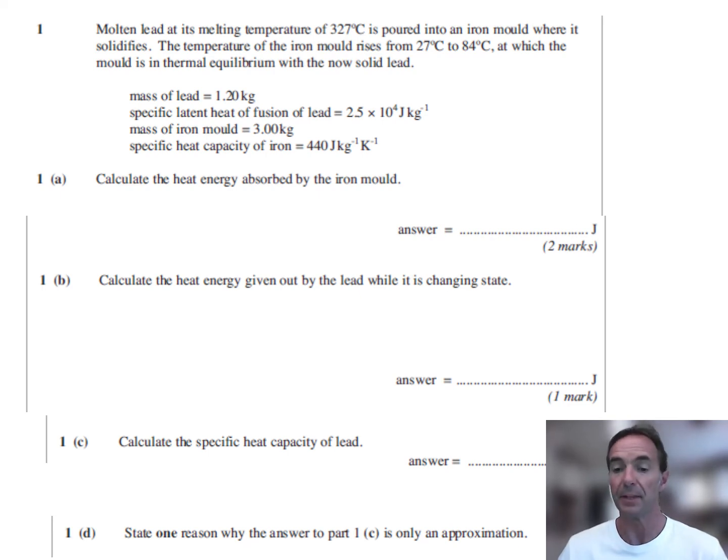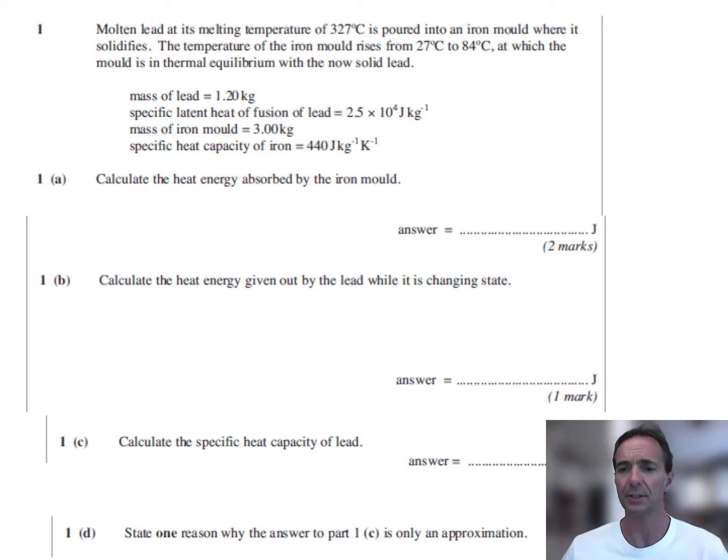Now, they've used that word, it's given its energy to the iron. But the iron has only gone from 27 to 84, it hasn't done any melting or anything. So therefore, we've got a really good handle on the amount of energy that's changed. In other words, the amount of energy that's transferred in this case is 27 to 84 degrees C with the iron. That gives us an exact handle.